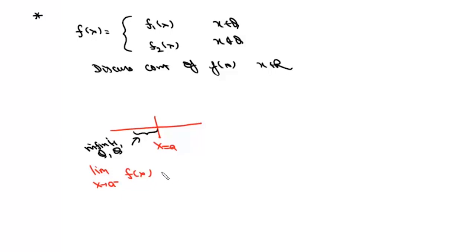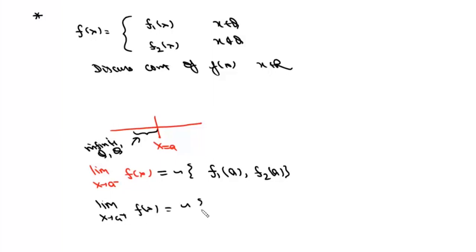So this value will oscillate between the value at rationals, which will be f1(a), and the value at irrational, which is f2(a). And the same way, this limit x tends to a positive f(x) will also oscillate between f1(a) and f2(a) in the right neighborhood of a, which again contains infinite rationals and infinite irrationals. So at each point we get an oscillating value.